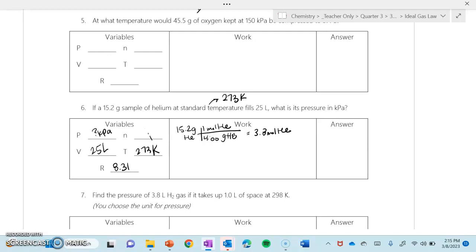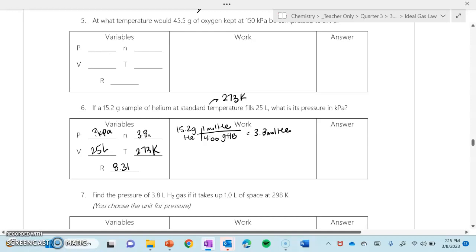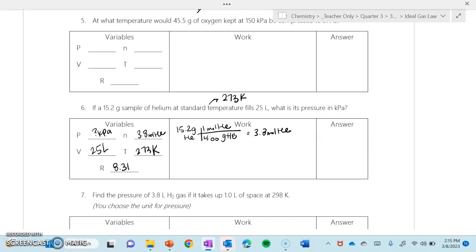So that is the value we want to plug in for N. And now we can plug and chug into our equation. We don't know P. We do have V and all the rest.